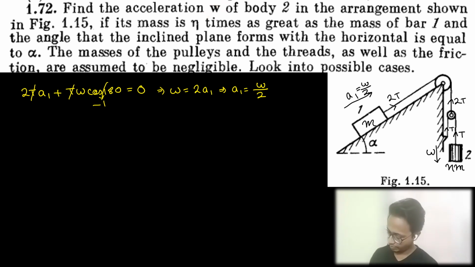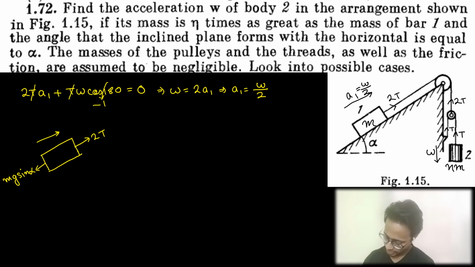Now let's draw the free body diagram for the block on the inclined plane. This is 2T, and this side force is mg sine alpha. And the acceleration is omega by 2, and the mass is m. So if I write down the equation, 2T minus mg sine alpha is equal to m omega by 2.